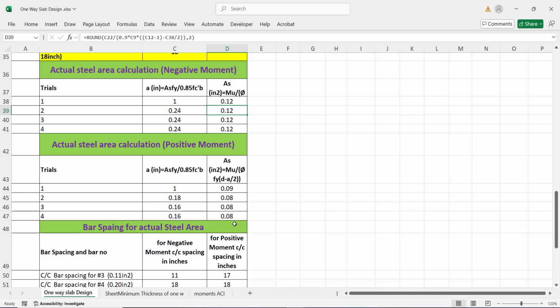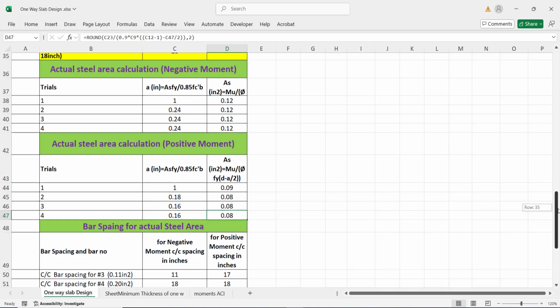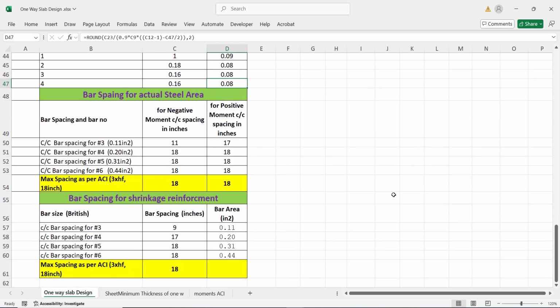This 0.08 is very less. So it means that usually the negative moment is more. These are the areas for the negative and for the positive. So if you use the actuals, this is 11, while in the minimum we use this 9, and here it is the same.